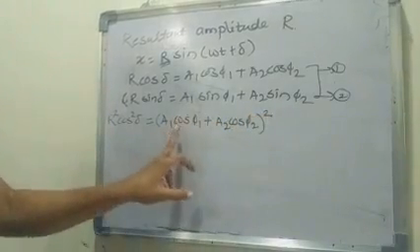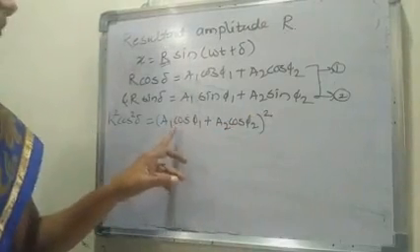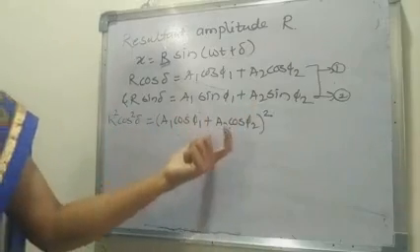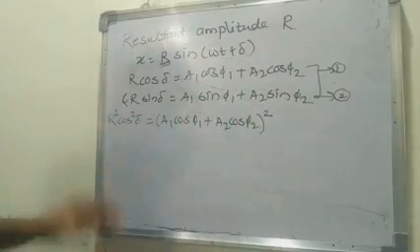We apply the formula of (A plus B) whole square, that is A square plus twice AB plus B square.